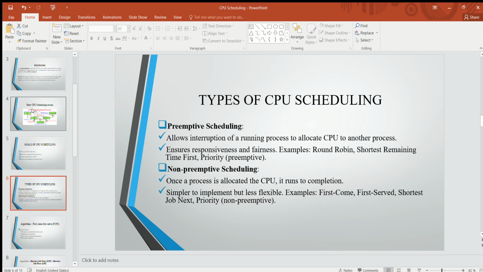And you have shortest job first, which selects the shortest job amongst the processes and allows it to execute.